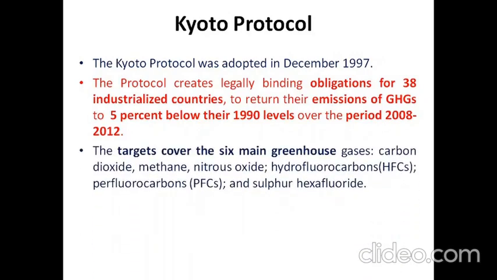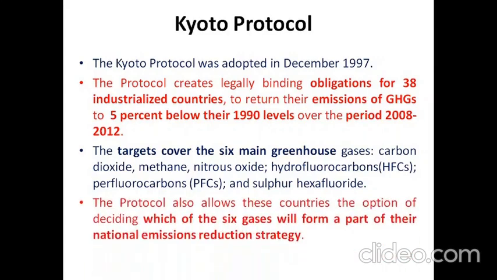The targets cover the 6 main greenhouse gases: carbon dioxide, methane, nitrous oxide, HFCs, PFCs, and sulfur hexafluoride. The protocol also allows these countries the option of deciding which of the 6 gases will form a part of their national emission reduction strategy.